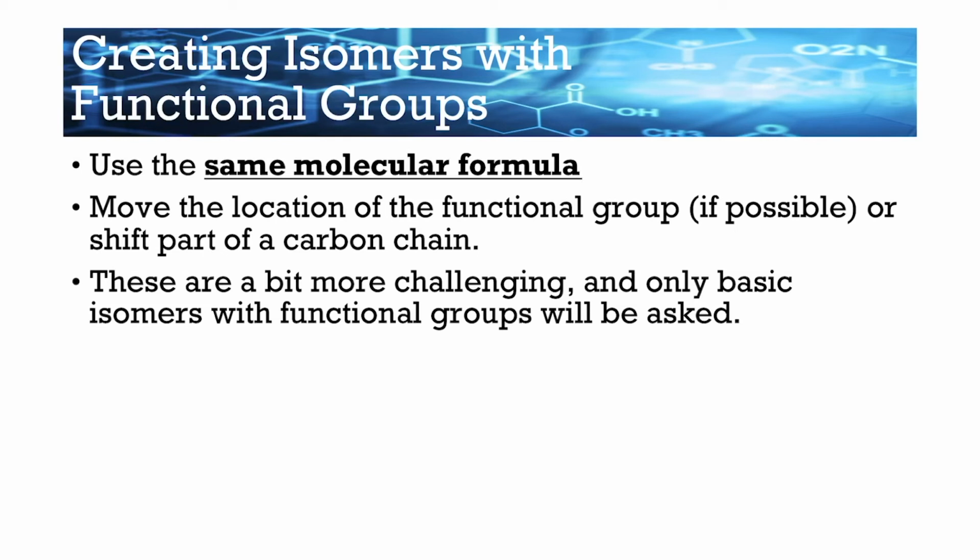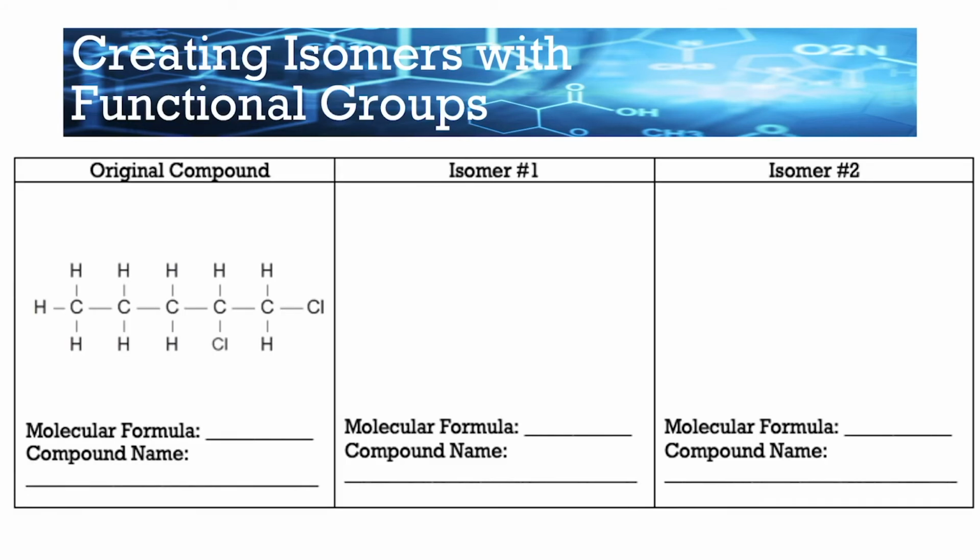So these are a little bit more challenging, and only basic isomers with these functional groups will be asked. So we're not going to make you create things that are way too crazy. If you want to try and make as many as you can, by all means go ahead, but you don't need to overcomplicate it.